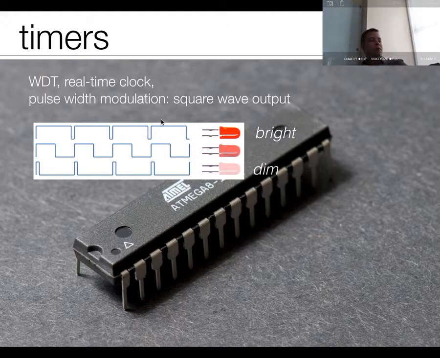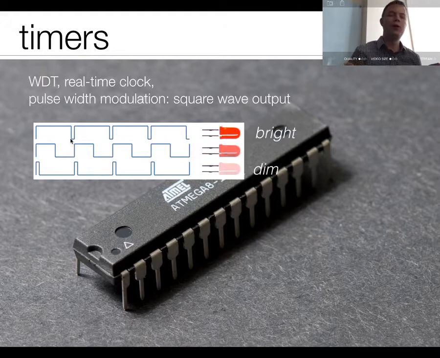A 50% duty cycle square wave would be this one in the middle, where it's high and low for 50% of the time. This right here is probably like a 10% duty cycle, so it generates a really thin width. And then this is like, I don't know, 95% or something, okay?